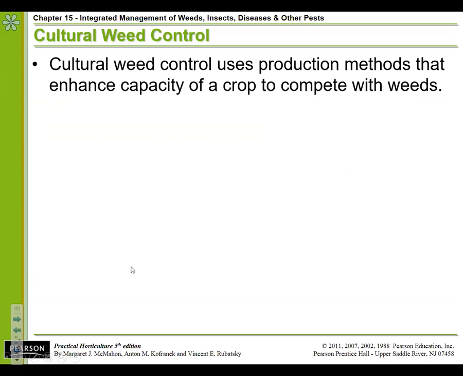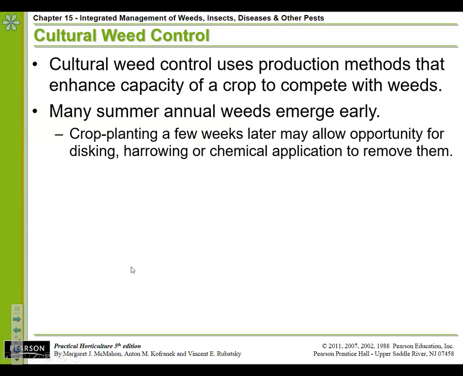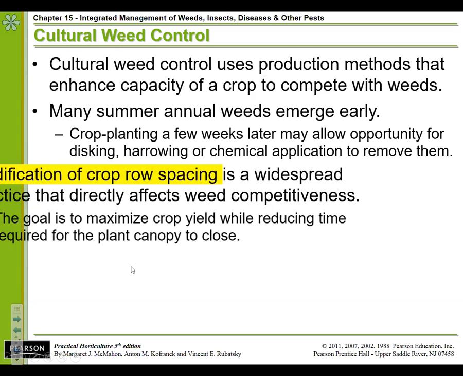As with any type of control, we first look at the cultural control. How can we change our production practices to influence our ability to take care of weeds? One of the things that we can look at is just planting time. Many of the summer annual weeds emerge early. So if we prepare our soil, allow them to emerge, and then cultivate and then plant, then we've taken care of a good portion of them.